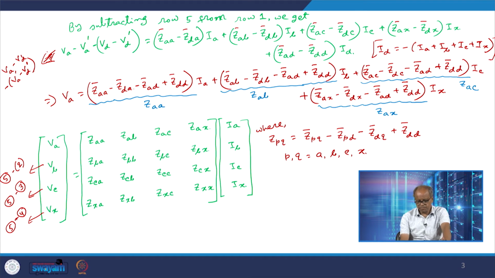If I set P equal to A and Q equal to C, I will get Z bar AC minus Z bar AD minus Z bar DC plus ZDD. Similarly, all the other expressions follow. So this is the general expression.